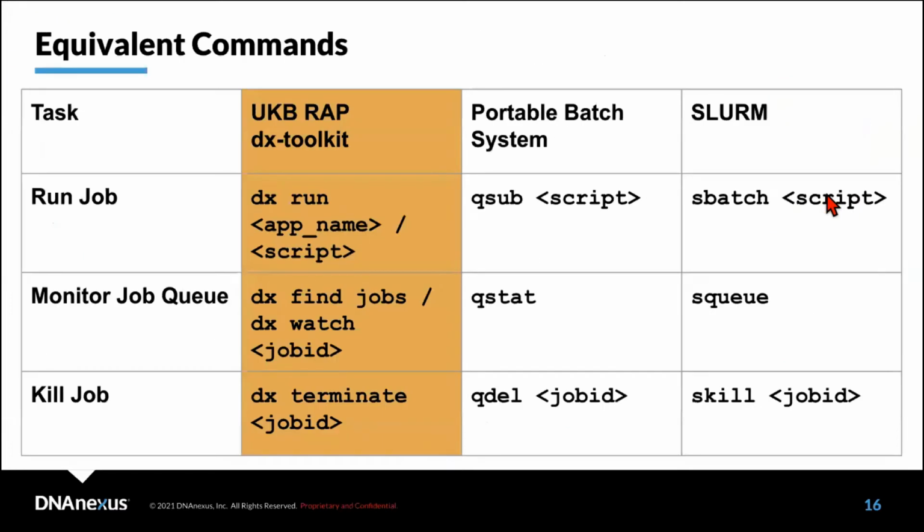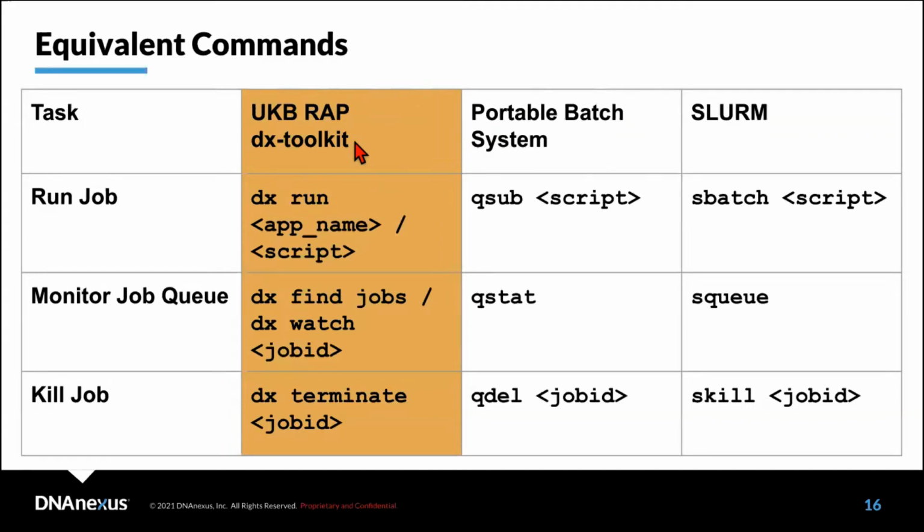So this webinar is made to map for you what you are used to doing and what you will do on the cloud, particularly on UKB RAP. So here we created a table with common commands that you can use either in a portable batch system or Slurm, and the ones that we will be using on UKB RAP.